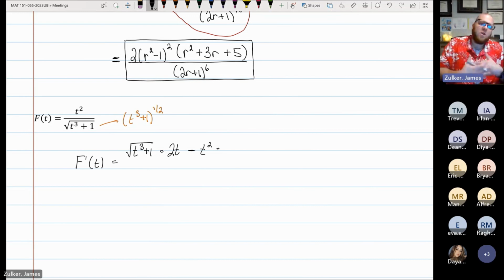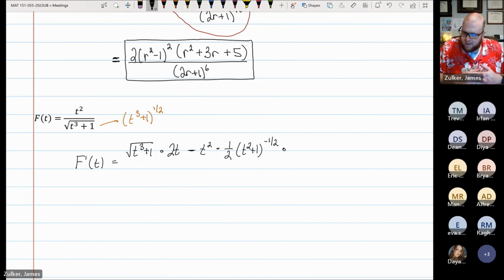And then you look and you go, okay, what does the general power rule tell me? And it says you bring the power down times the function to the power -1. Then it says multiply it by the derivative of the function.